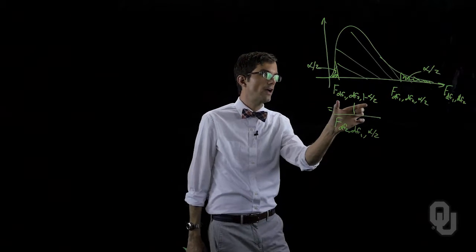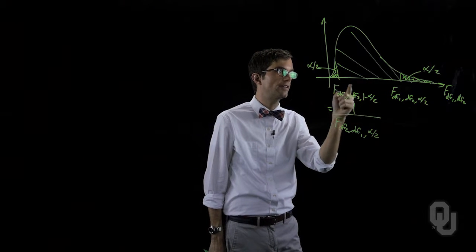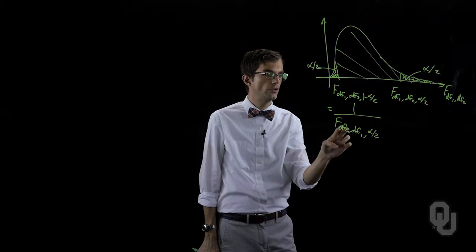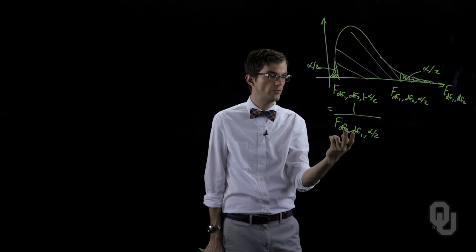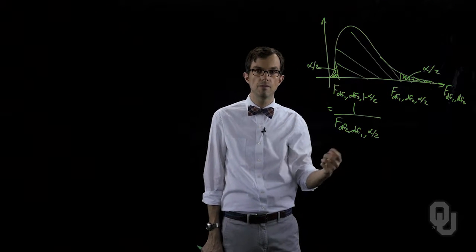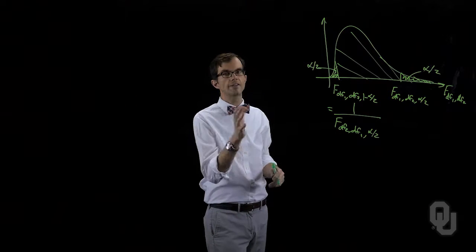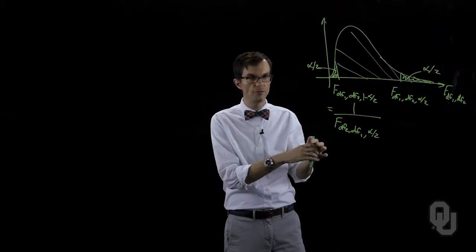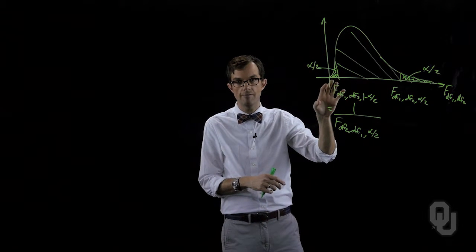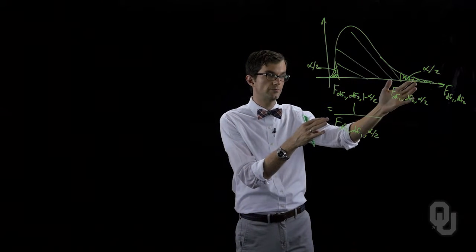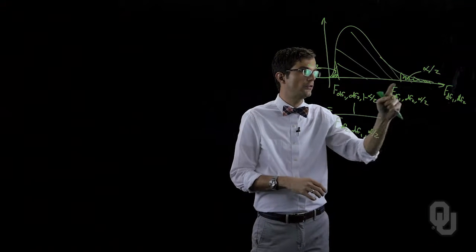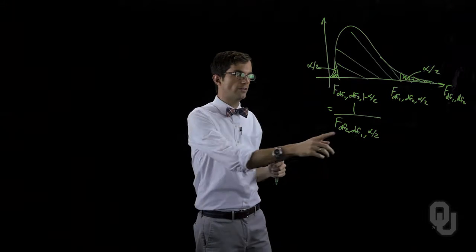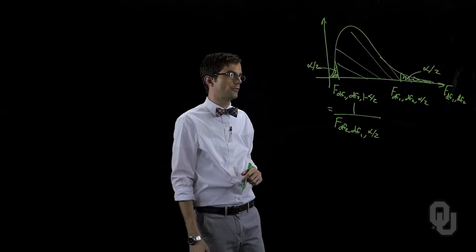This value, with 1 minus alpha over 2 in the upper tail, is equal to 1 over F with the degrees of freedom switched, alpha over 2 in the upper tail. That's a nice property because we don't have to have different columns for 0.05 and 0.95 in the upper tail. We can still use this table, but we have to switch the degrees of freedom. That's a very important part. We've got to switch the degrees of freedom.